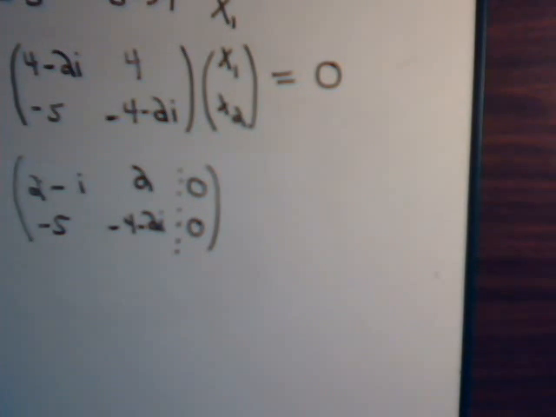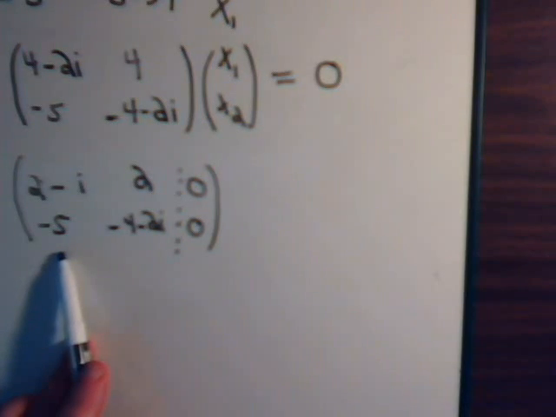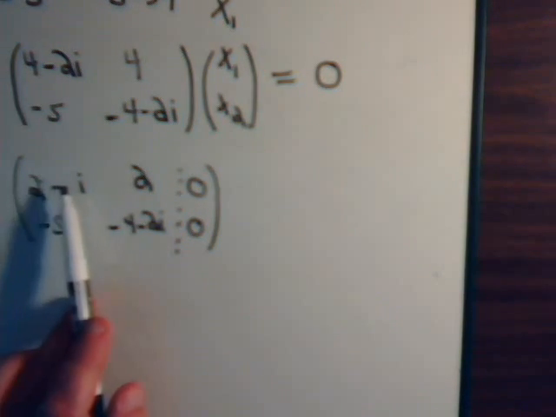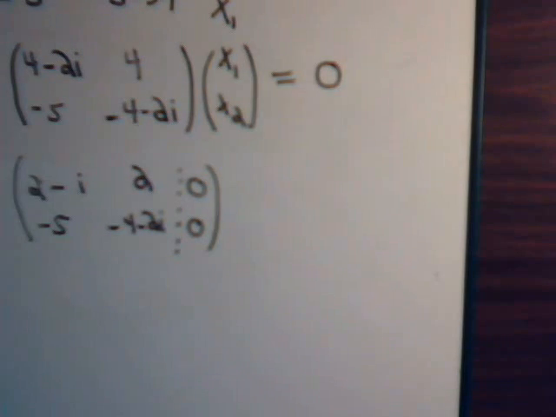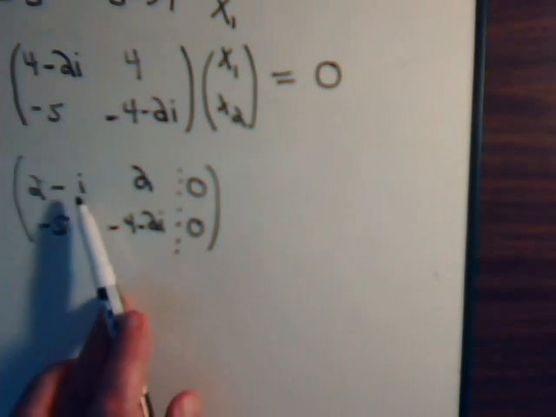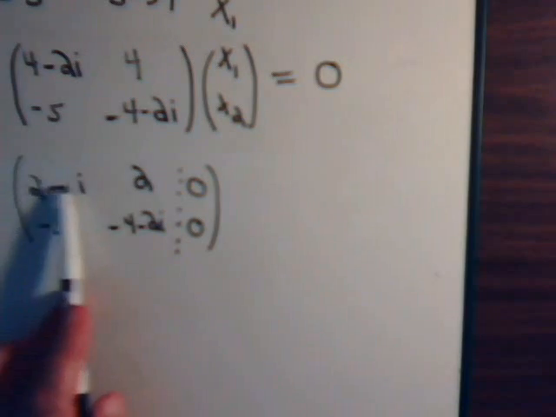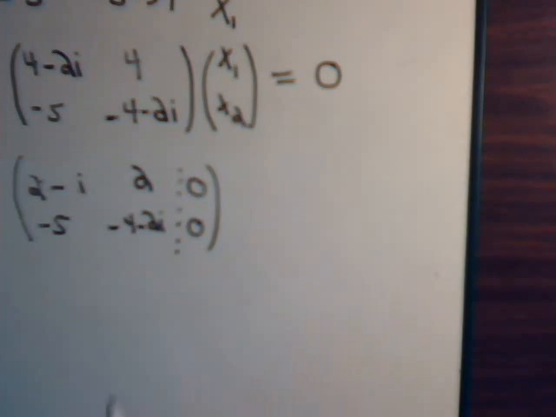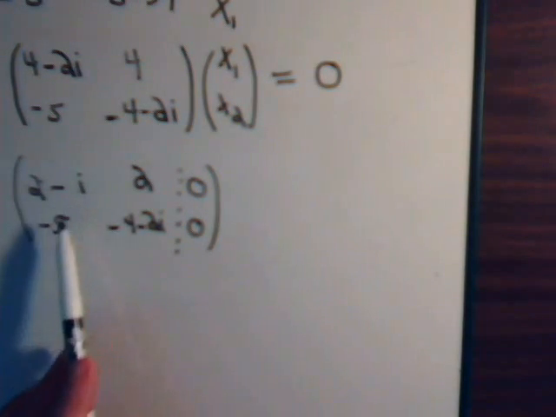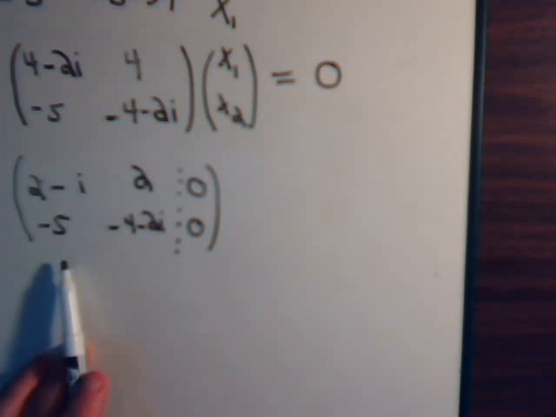Now, what we want to do is we're going to use Gaussian elimination. We want to multiply this by some number so that it gives us plus 5. So that when we add up to here, that comes out to be 0, so we can knock this out.